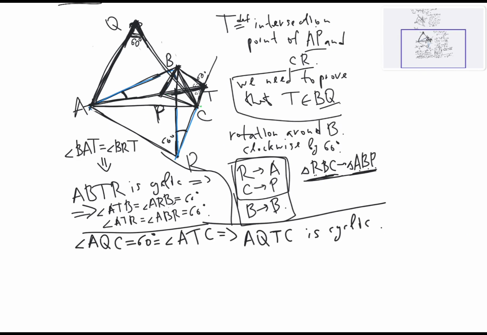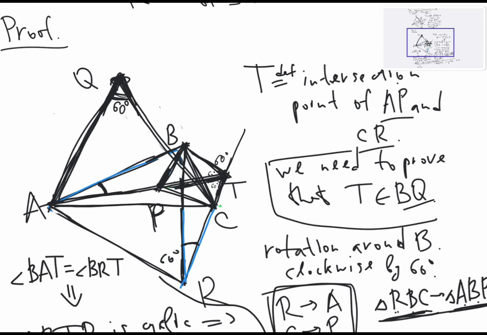This is one of the criteria of cyclic quadrilaterals, and this implies that if we now connect Q to T, where QT doesn't necessarily pass through B, and I deliberately draw it not passing through B, then this angle must be equal to this angle and also equal to 60 degrees.